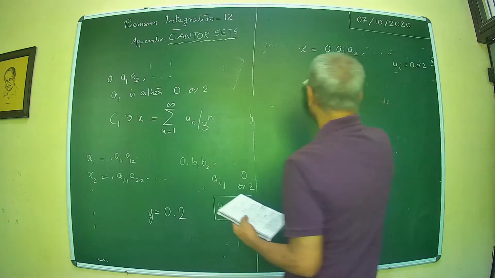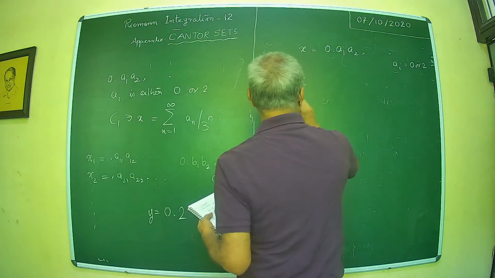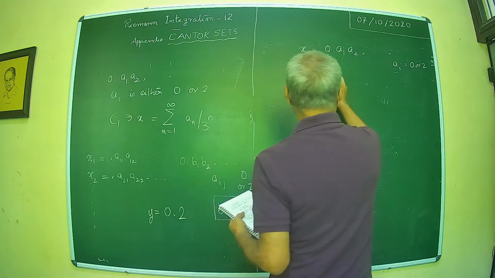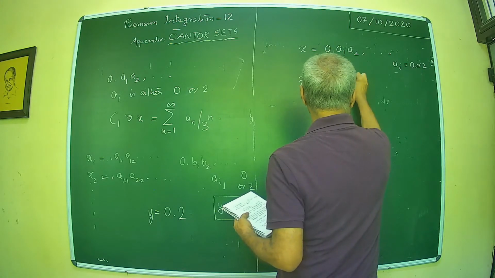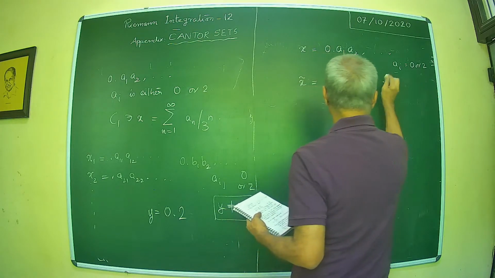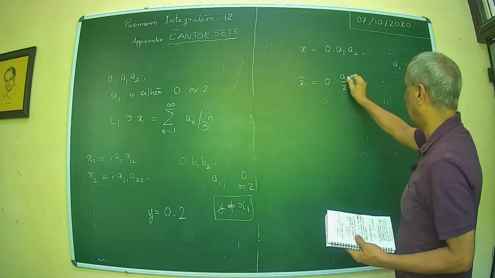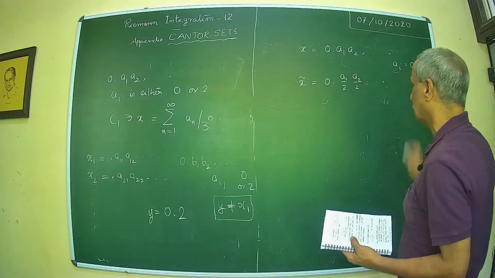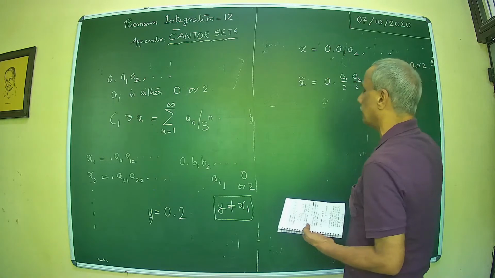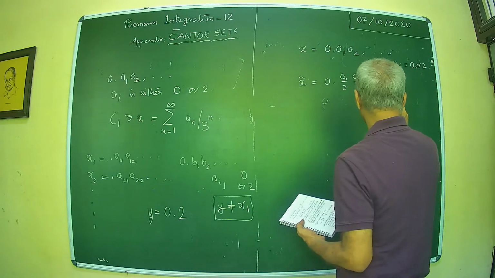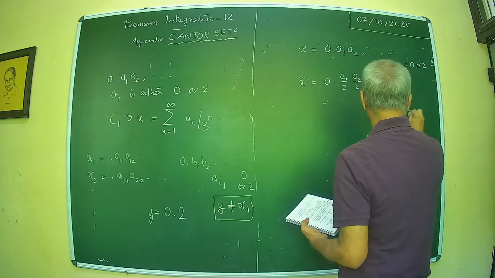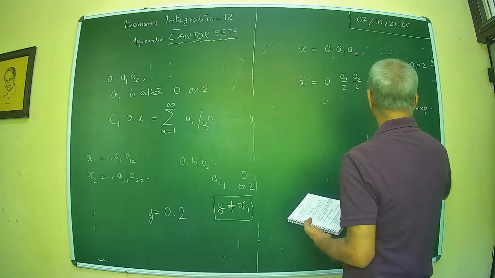Now you construct another x tilde as 0. a1 by 2, a2 by 2, etc. So these are going to be either 0 or 1. So it is going to be a binary expansion of a certain number.